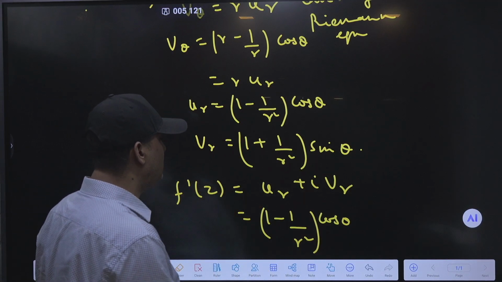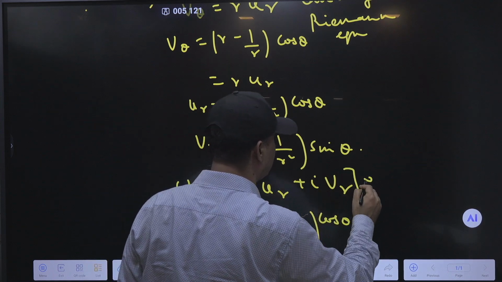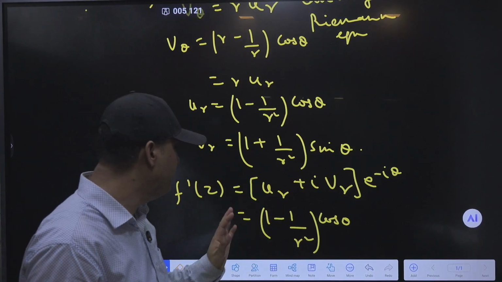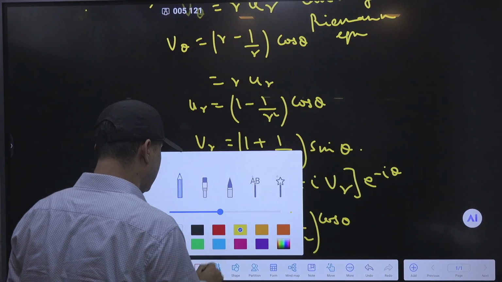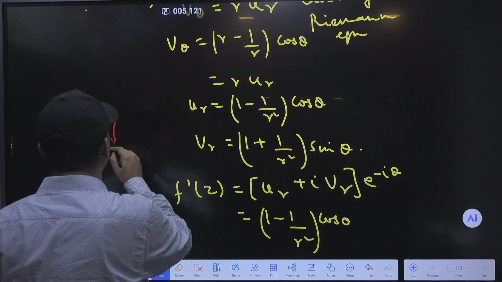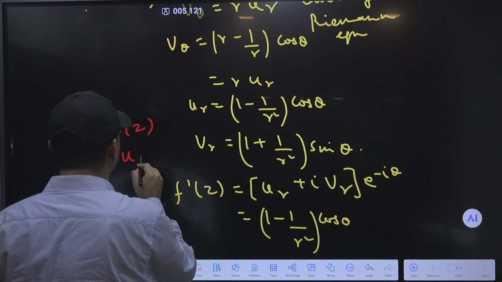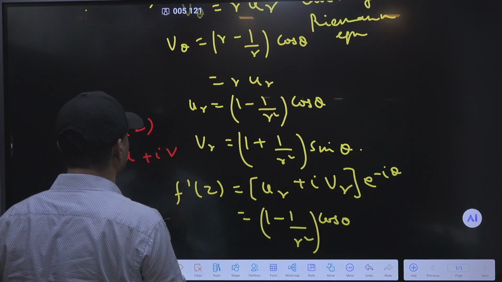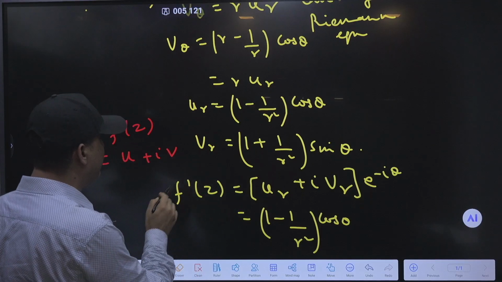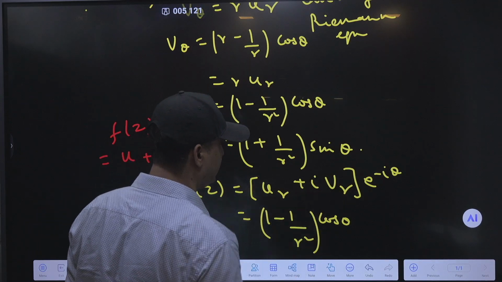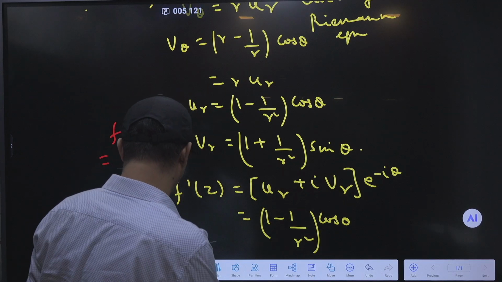So I need to also introduce this formula. You will miss out certain times which formula you are using. If you are using this formula f(z), then this is very well correct. But if you are using the derivative of this, then it is (U_r + i V_r) e^(−iθ).